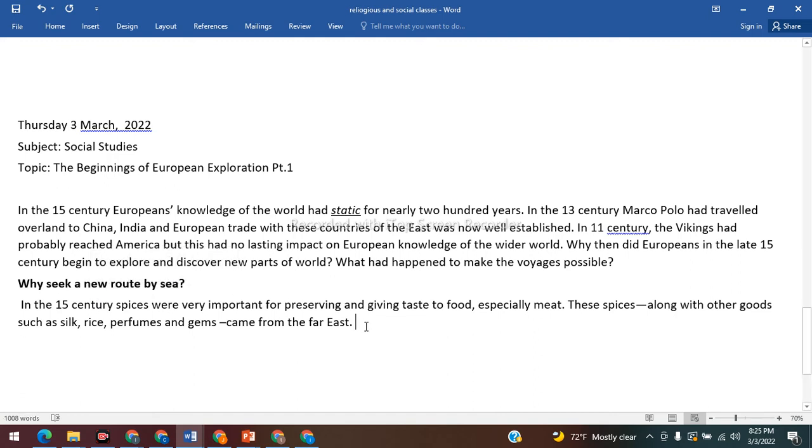So it says merchants brought them, the same spices and goods, overland through the Middle East to Europe, so they could get them using land routes.